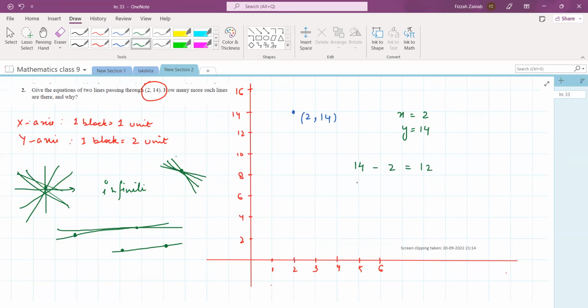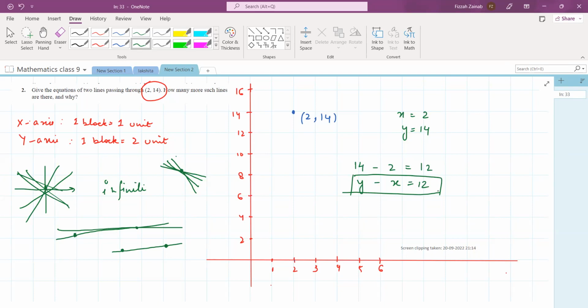Now your 14 is actually your y and 2 is actually your x. So this is one of the equations which will be satisfied by these values, isn't it? Understood?